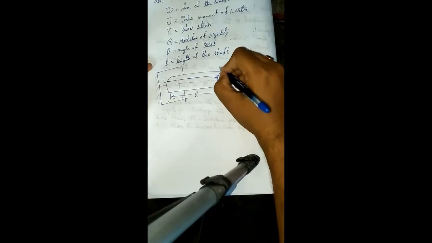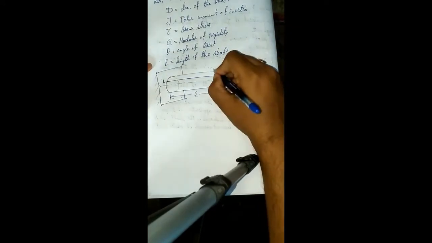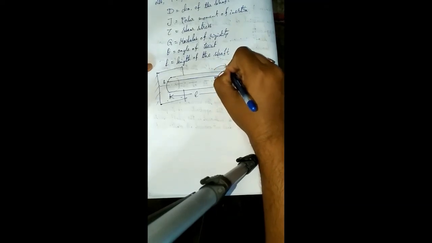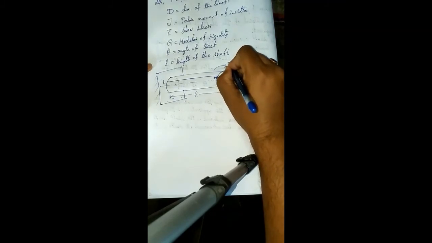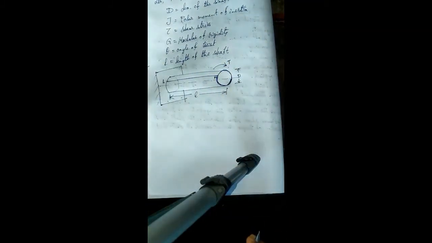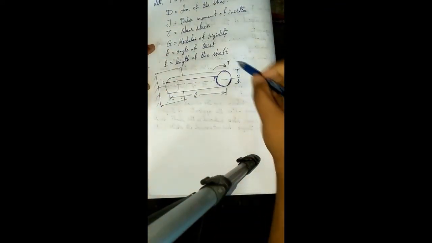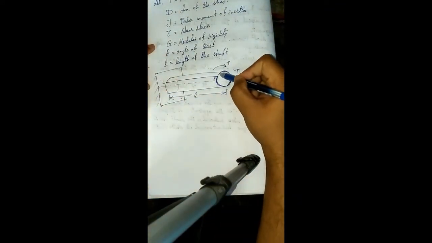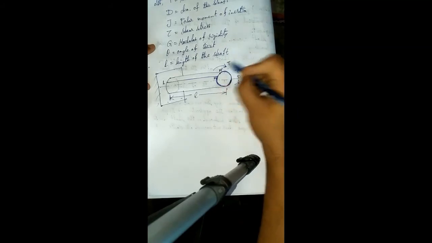Now we are going to apply a twisting moment, a torque, that is T, in a clockwise direction. So by applying this torque T, this point M will shift. Suppose M shifts to this point, and we are taking this point as M dash.